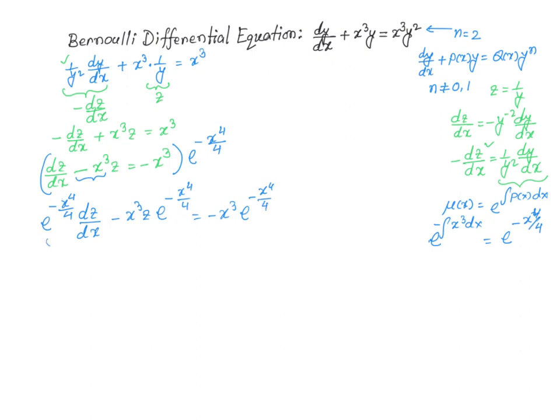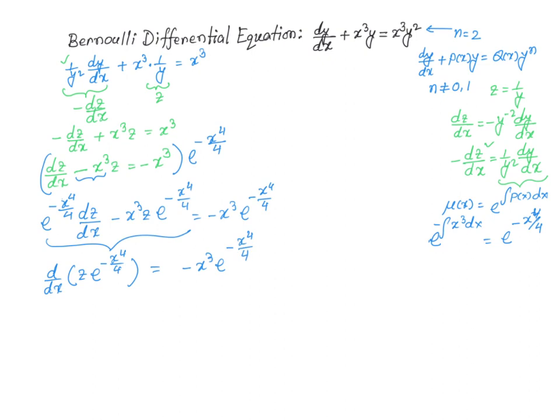And the left hand side, by the way, is nothing but the derivative d over dx of z times e to the power negative x to the power 4 over 4. And the right hand side is just negative x cubed e to the power negative x to the power 4 over 4.